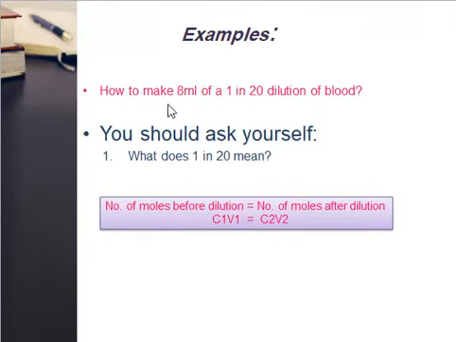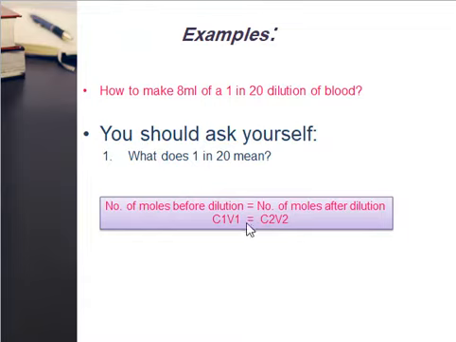Another example: how to make 8 ml of a 1 in 20 dilution of blood. You should ask yourself, what does 1 in 20 mean? 1 in 20 means that the final concentration will be 20 times lower than the initial concentration. So the higher, initial concentration is 20, and the lower, final concentration is 1.